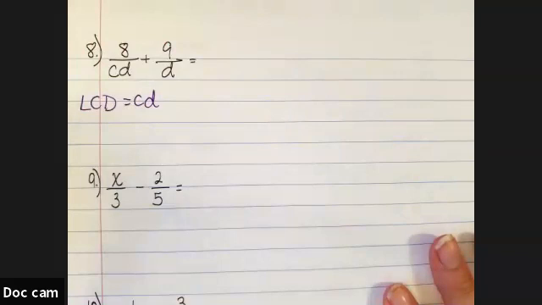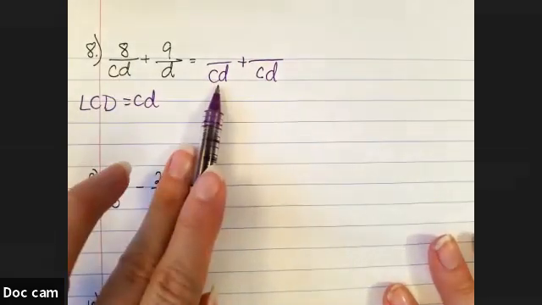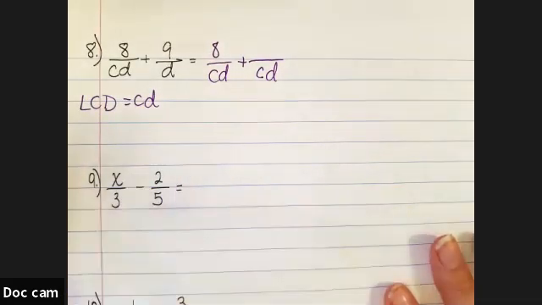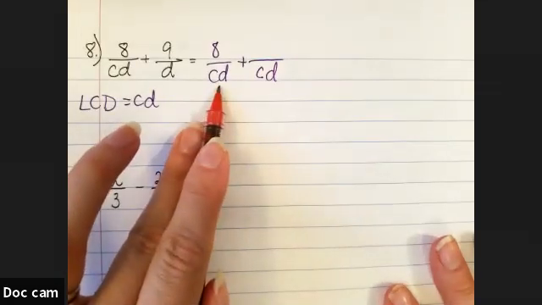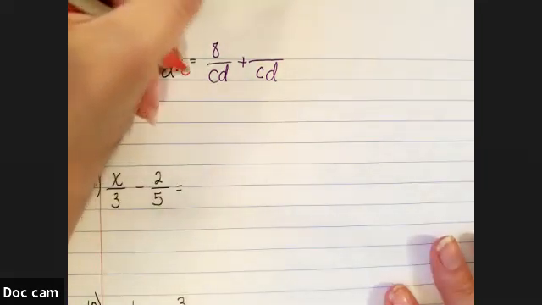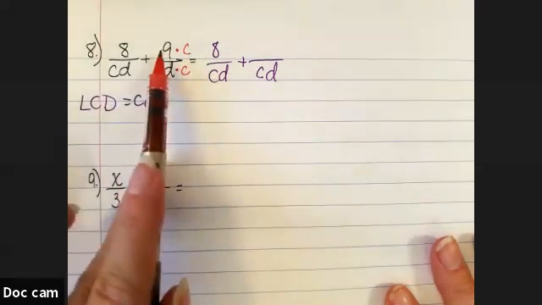Okay. And so the first fraction already has the correct denominator, so that just stays the same. And then I ask myself, what would I have to multiply with D to equal CD? Well, that would be C. CD, same thing as D times C or C times D. Either way, it's the same thing.